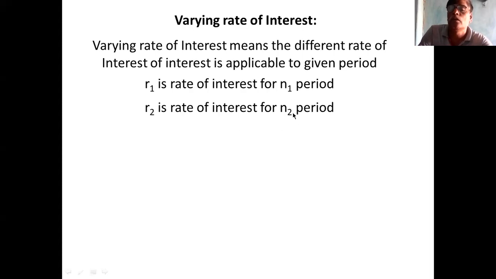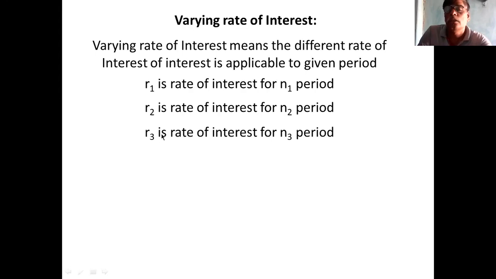R3 is the third rate of interest, applicable for the third period. Like that, if different rates are applicable for different periods and the principal is the same, then how to calculate the amount and total interest?